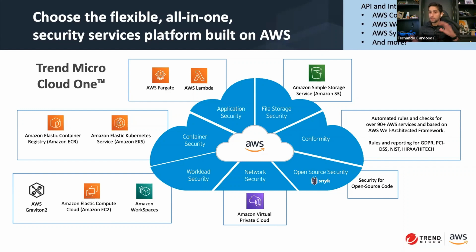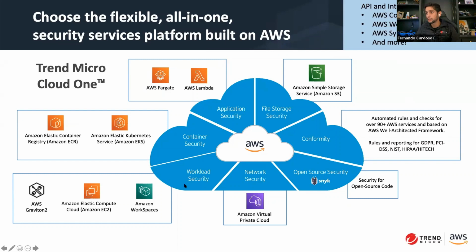And if you remember when Michael mentioned the AWS tools, Control Tower, Systems Manager, Well-Architected Tool, GuardDuty, and many others, we have a lot of integrations to help organizations utilize all those features from AWS with Cloud One. We are basically helping organizations increase their security posture in the cloud, where they will have more additional features to protect their workloads.